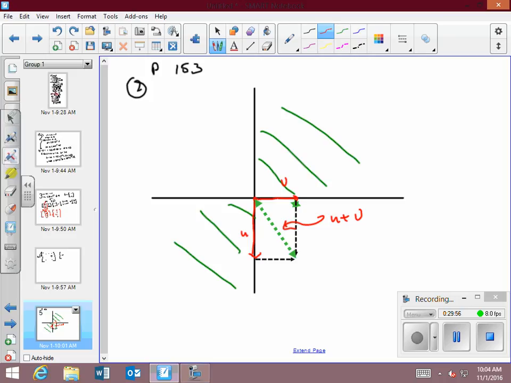Not all additions fall in there, because if you had something like this, so that your u is here, then your u plus v would be there, and that would be in the space. But not all u plus v's are in the space, so it can't be a subspace.